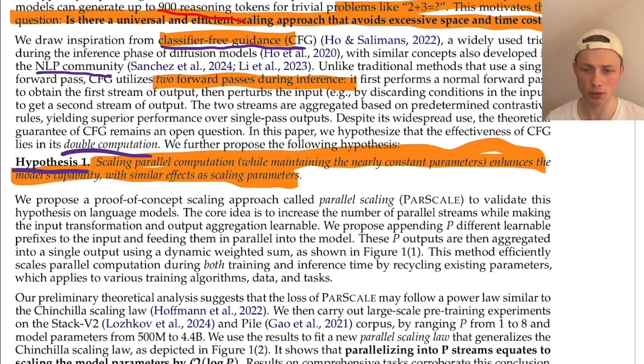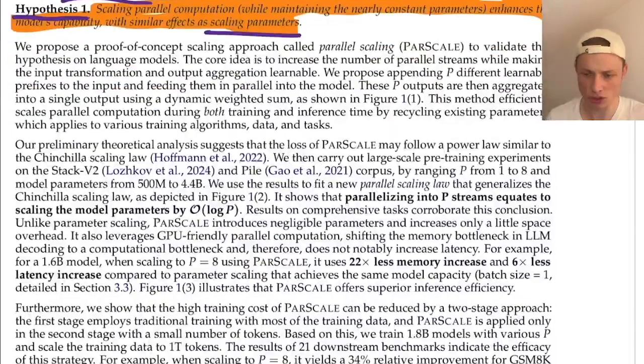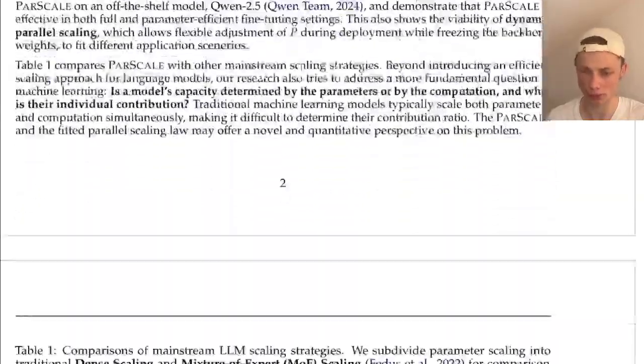So this is why they propose the following hypothesis: scaling parallel computation, and hence the model capability, has similar effects as scaling parameters. Okay, so we can use parallel computation to get a better model.